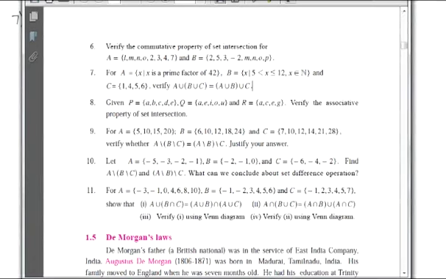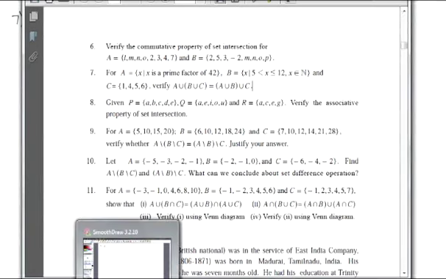Prime factors of 42. First of all, let us list down the factors of 42. You have 42, you have 21. After 21, what is the next factor? 14, since 14 times 3 is 42.